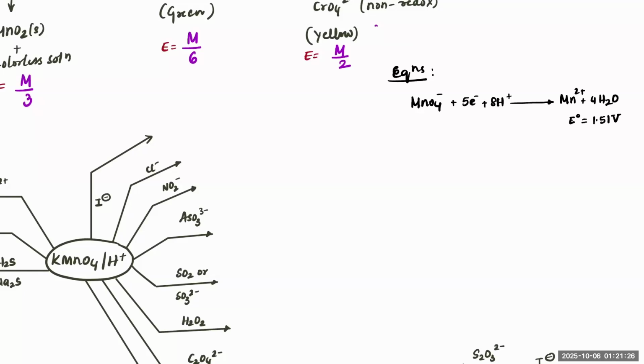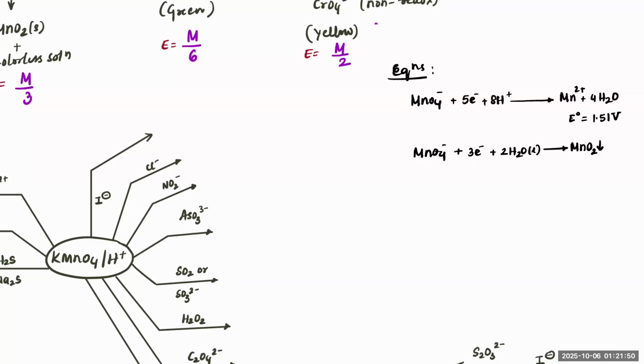Next, when it comes to MnO4 minus in basic medium, it consumes 3 electrons plus 2 moles of H2O liquid. It converts into MnO2 as a precipitate and releases 4OH minus. E naught, the reduction potential for this, is 1.65 volts.